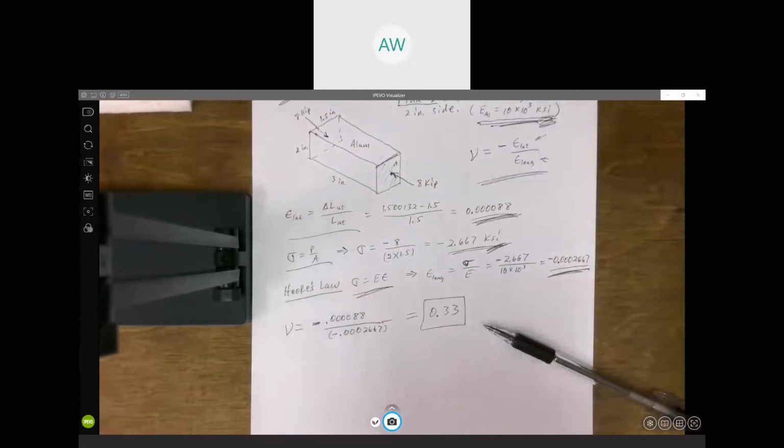So this doesn't guarantee that we haven't made a mistake somewhere, but it's a reasonable answer. If we had gotten 3.3 or 0.8, something like that, then that should send up a red flag that, hey, we messed up a calculation somewhere. All right, so we got the first thing that was asked of us. We calculated Poisson's ratio. Any questions about that?